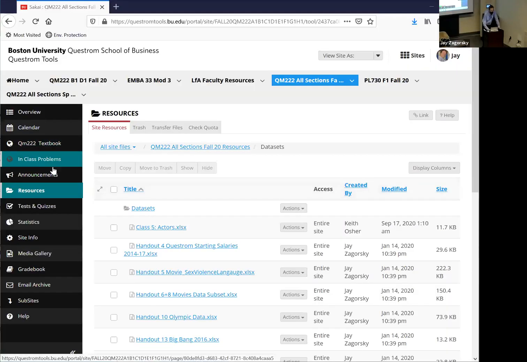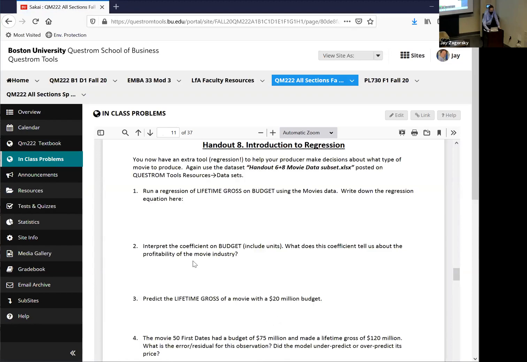So we click in-class problems. Number 8. So what we're going to have is lifetime gross, run a regression of lifetime gross on budget. Budget is the X, or there could be multiple X variables. And a couple more questions.